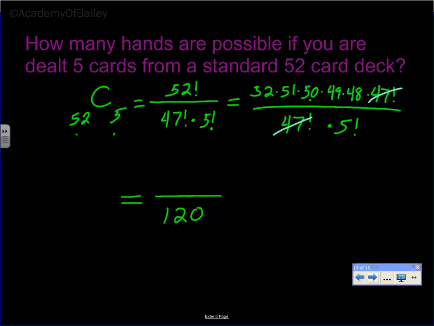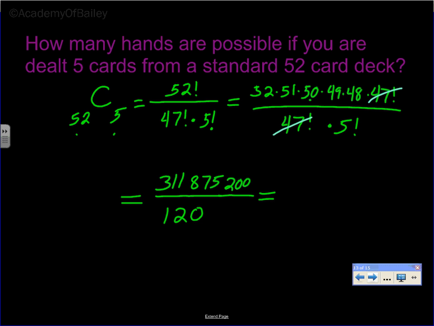52 times 51 times 50 times 49 times 48. When you multiply those, is it 311,875,200? I believe so.